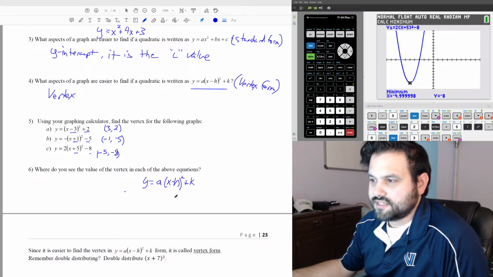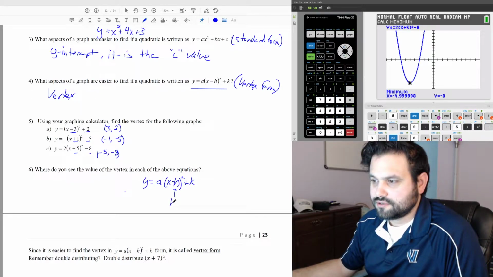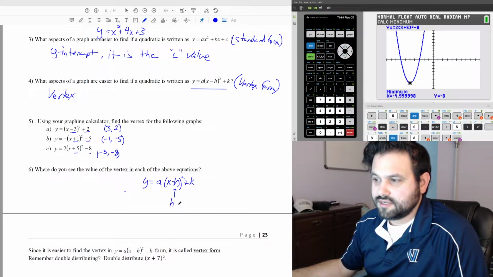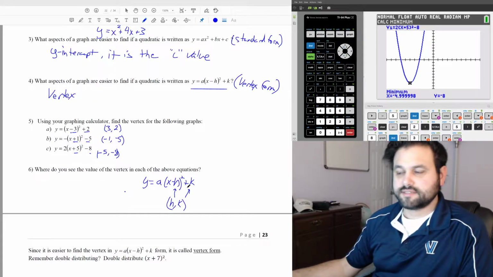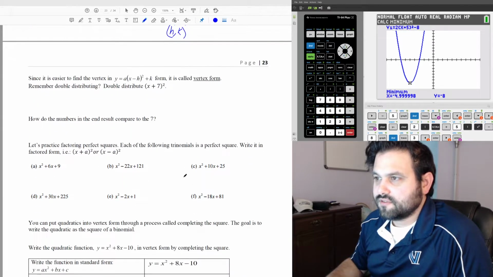So this h, the minus would sort of change the sign on it. So the h is the x coordinate, and the k is the y coordinate. That's our vertex. Okay, so this is called vertex form.